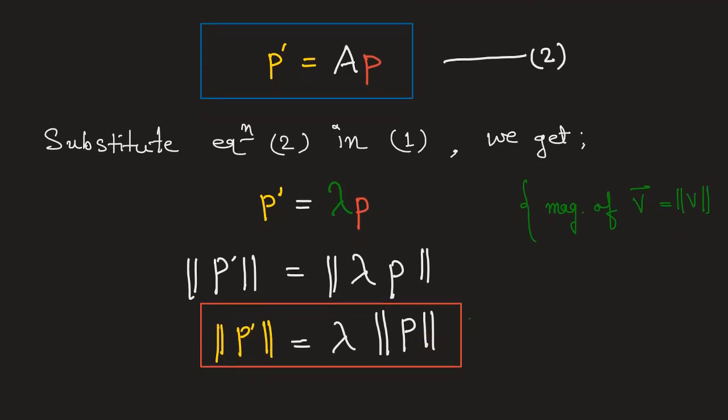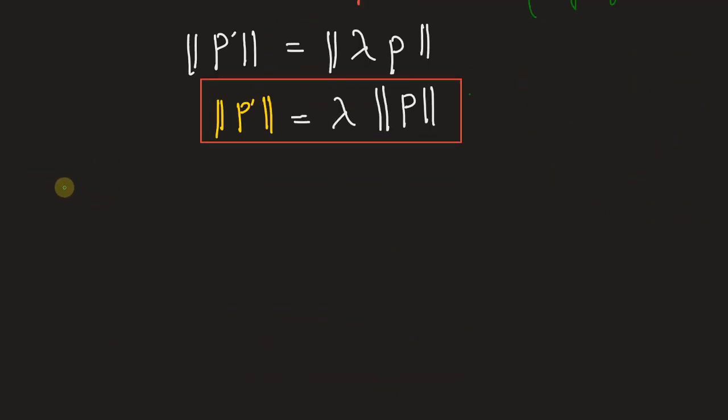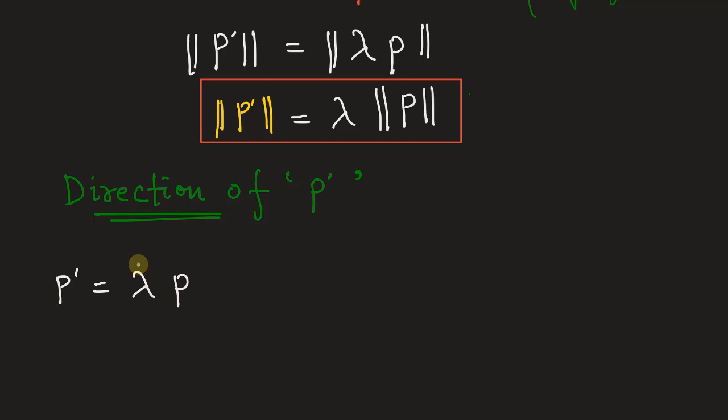Now what about the direction of P prime? How do we find the direction of P prime? From equations 1 and 2, we have already seen that P prime is equal to lambda times P vector. And we know that lambda is the eigenvalue and P is the eigenvector. Now let's try to understand the eigenvalue and the eigenvector on a 2D sheet.